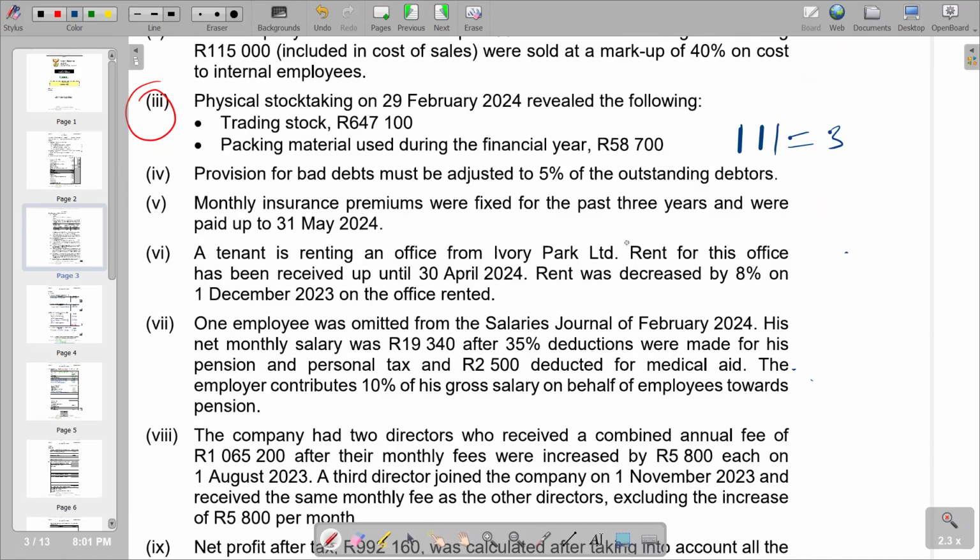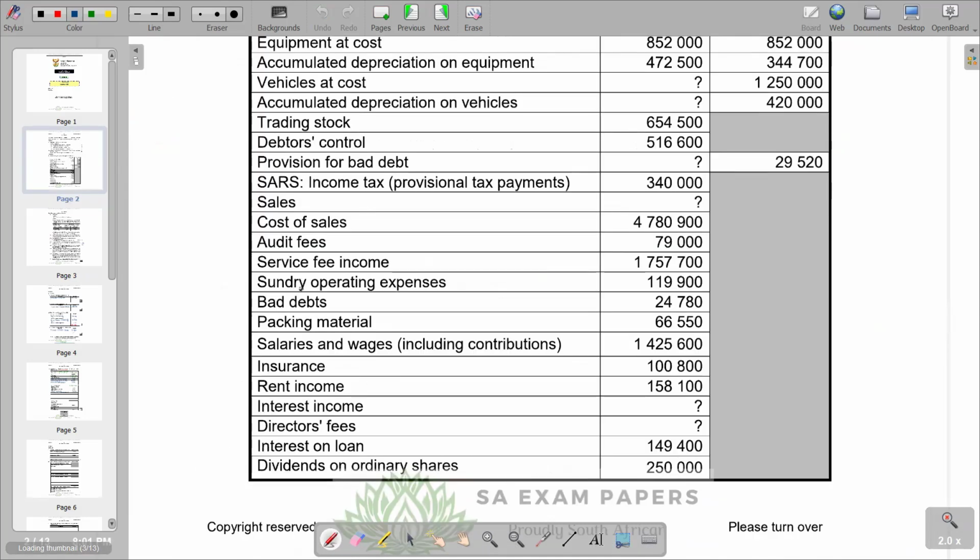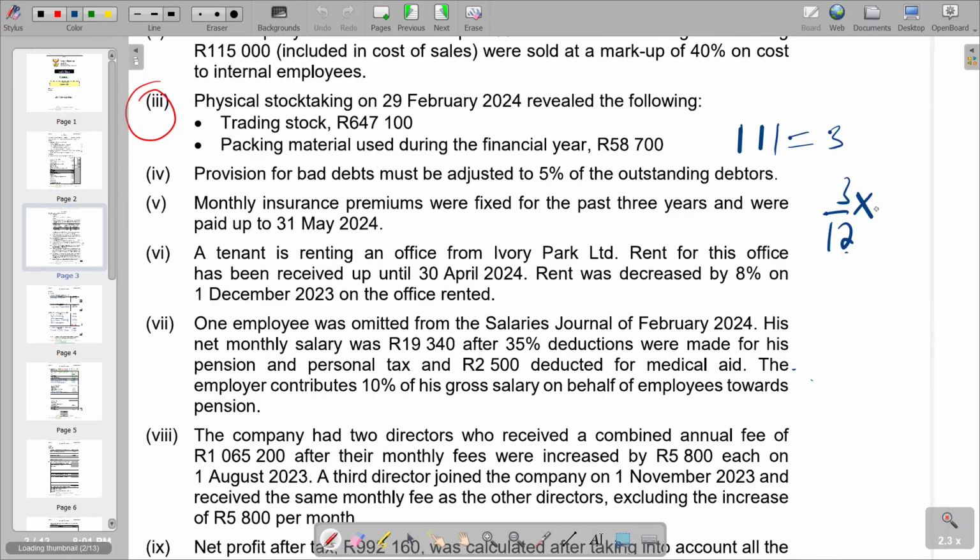So we're going to say 3 over 12 times the total insurance that we are given there to find the one that we need to remove, 100,800. So if you calculate there, you say 100,800 times 3 over 12.